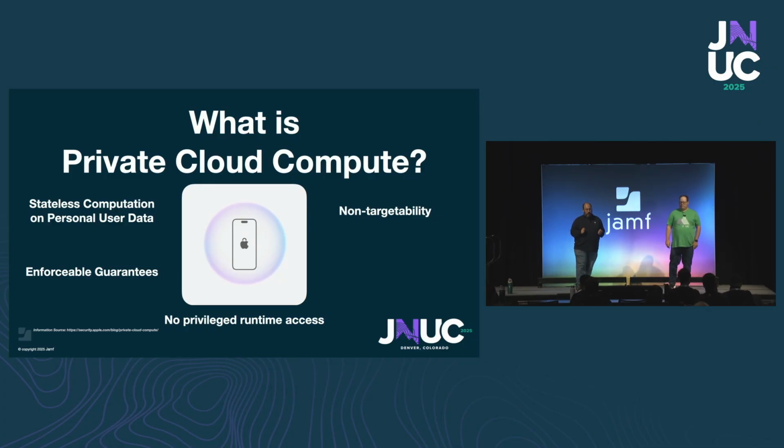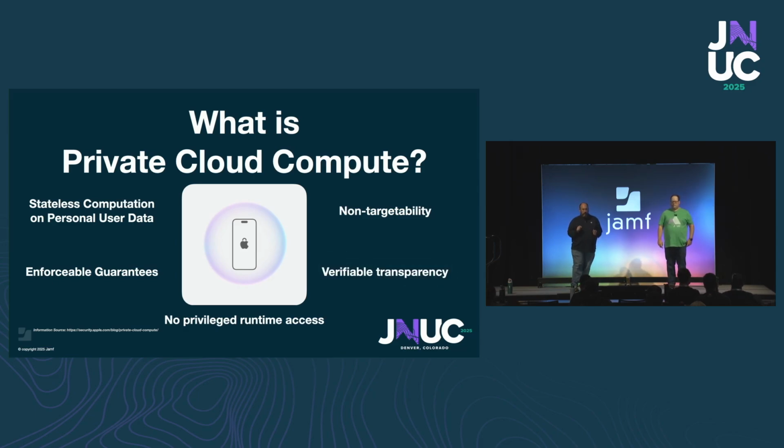We have non-targetability. An attacker should not be able to compromise personal data that belongs to specific people, or target private cloud compute users without attempting a broad compromise of the entire system. So in order for an attacker to get in, they have to get to the entire system. An individual cannot be targeted. And we have verifiable transparency.